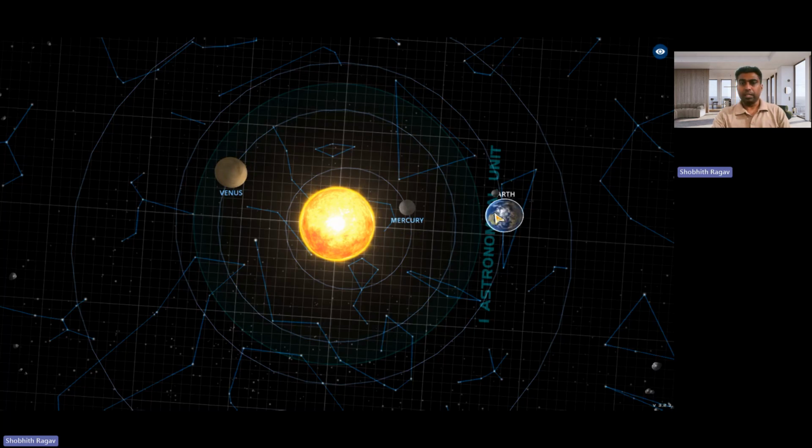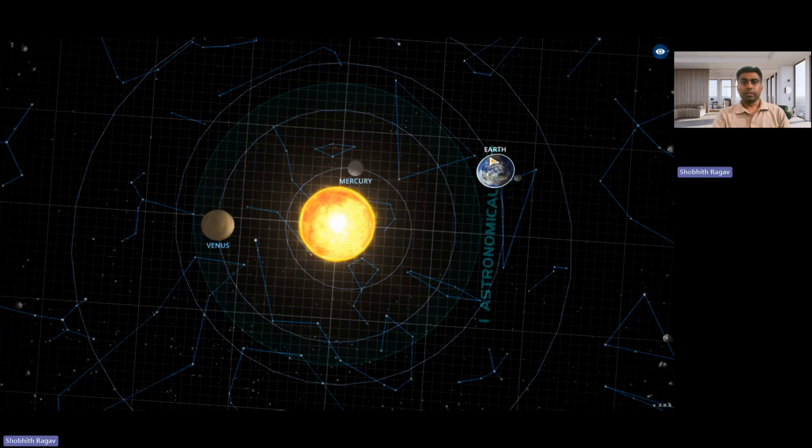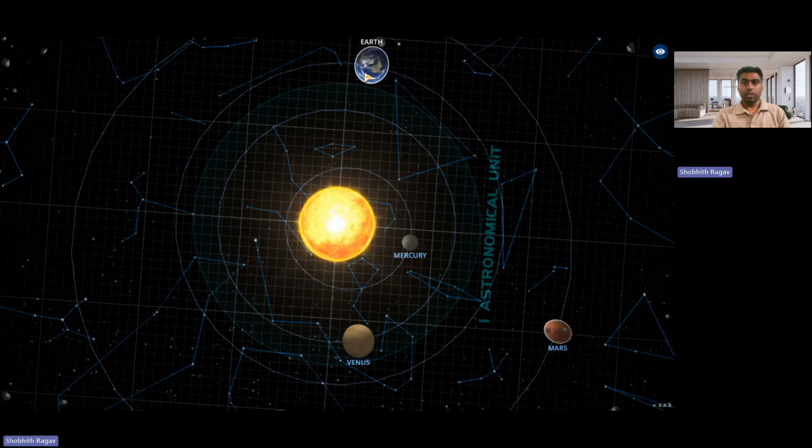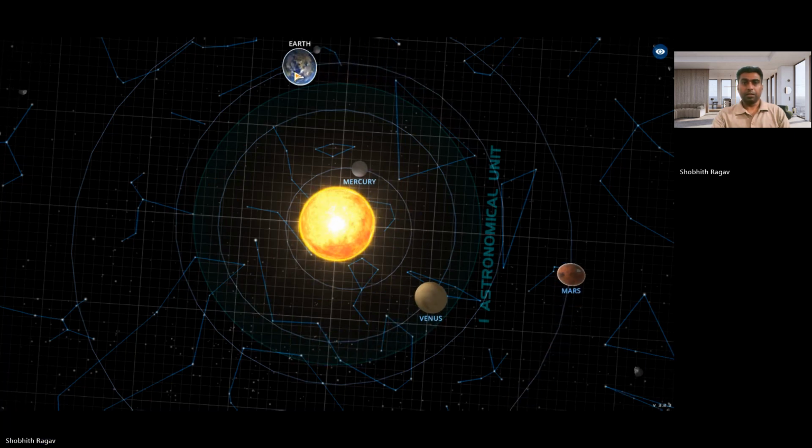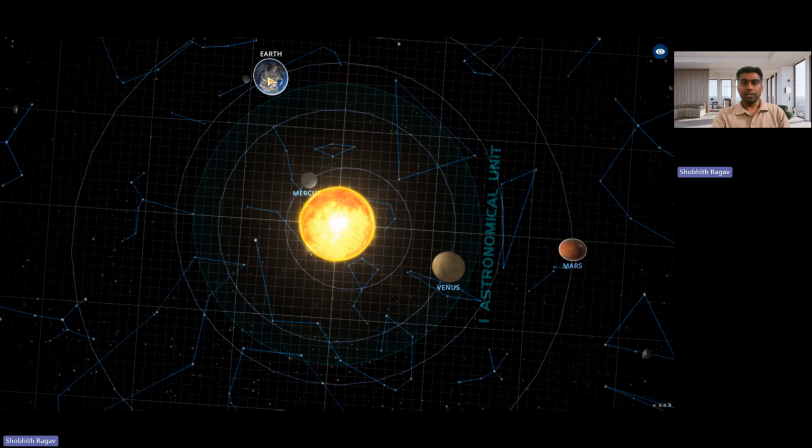Here we see that the mercury is closest to earth. So this is one point where it turns retrograde. As we move the earth about a quarter rotation, the mercury completes one rotation around the sun and it again comes closer to the earth. So this is another point of retrogression.